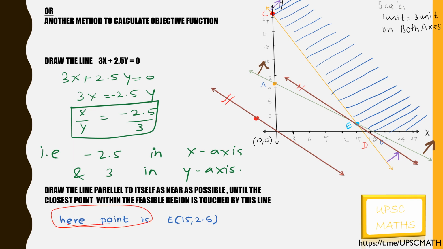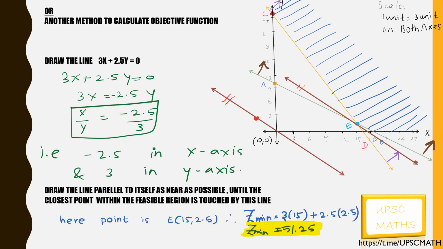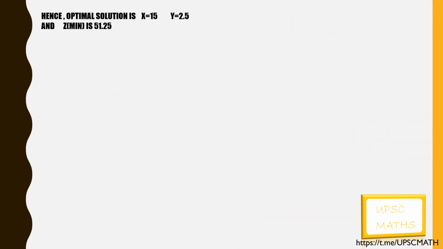And the point here is E (15, 2.5) and hence z min becomes 51.25. Hence, the optimal solution is x = 15 and y = 2.5 and z min is 51.25.